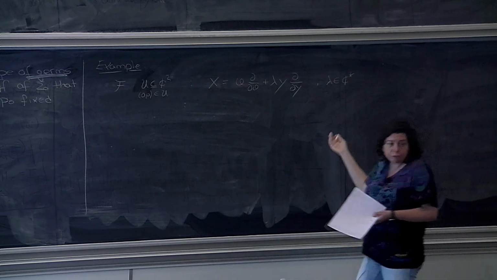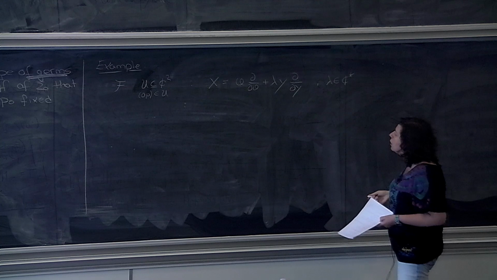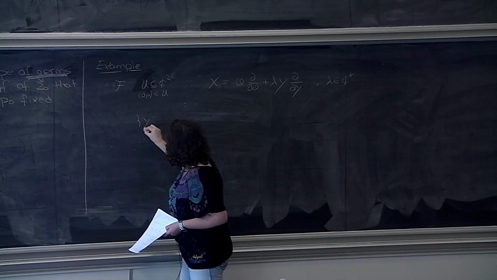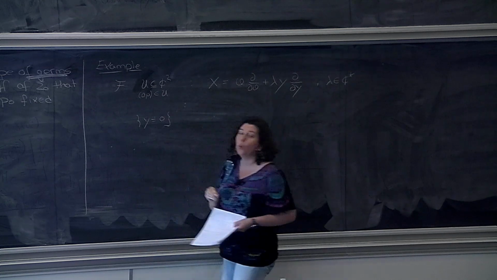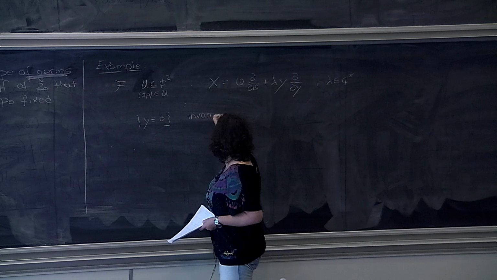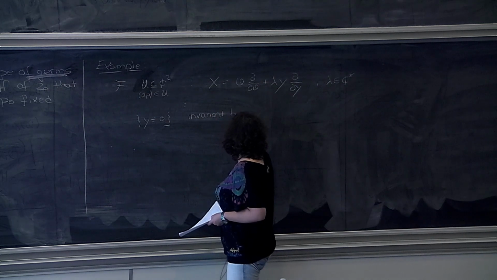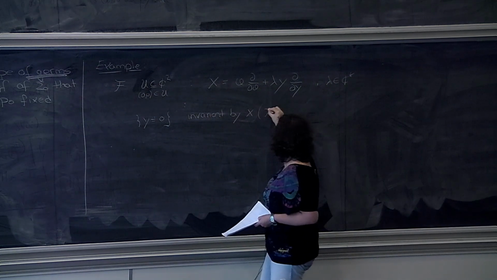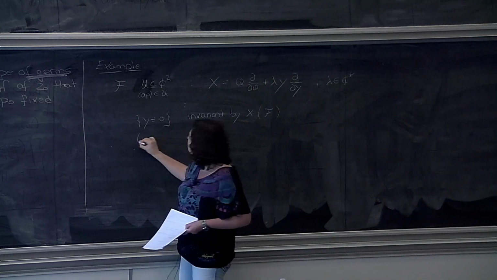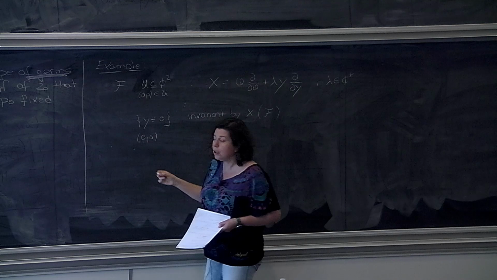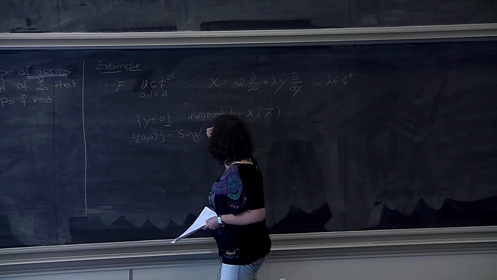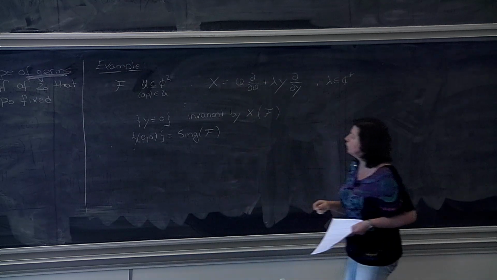This is just a linear differential equation associated to this vector field. We can easily check that y equal to 0 is invariant by the foliation associated to X. The origin is the unique singular point of the foliation or of the vector field.